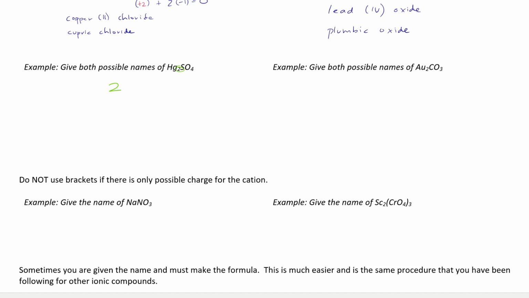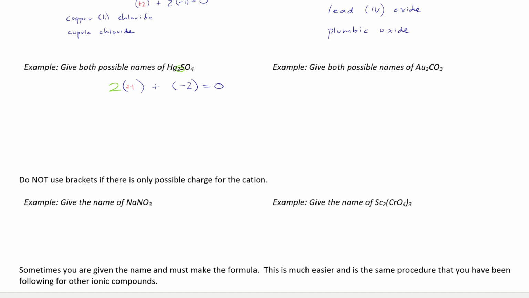So we have to go 2 times whatever the charge is on mercury plus a -2 from the sulfate, because SO4 has a charge of -2. So you have to think about this. Well, what is the charge on mercury that would lead to this equation equaling 0? And that would be +1.